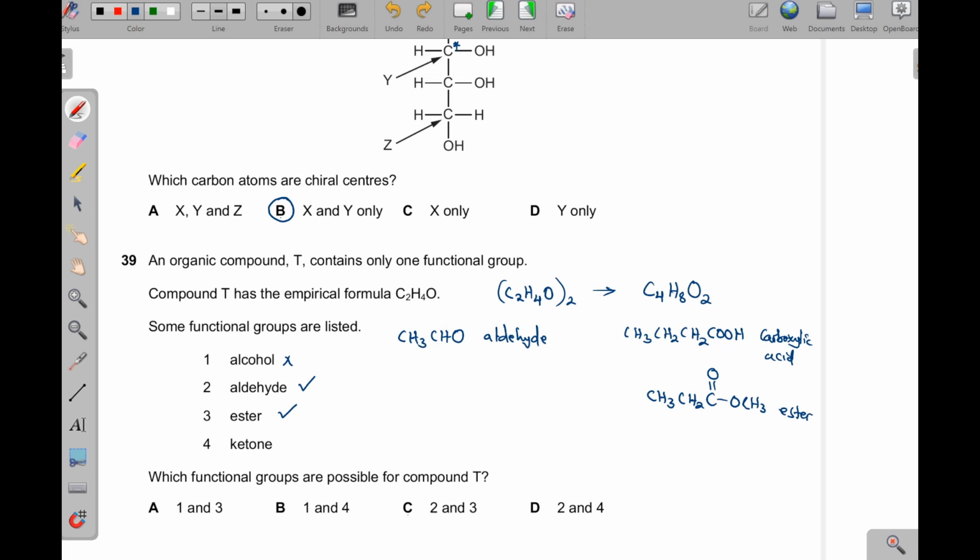Then how about a ketone? Let's say we multiply this by 2, maybe 3. Let us consider how a ketone is supposed to look. This is a CH3, and the simplest ketone is propanone. These are 3 carbons, but here we are having 2.